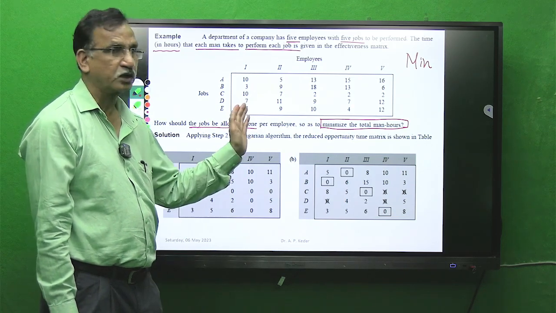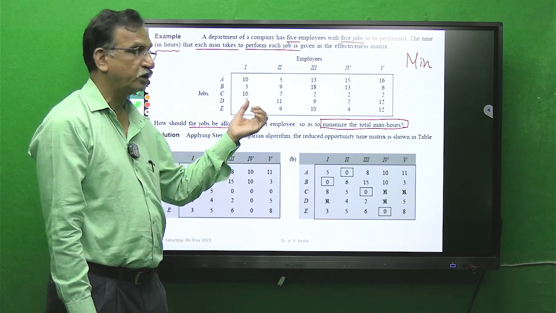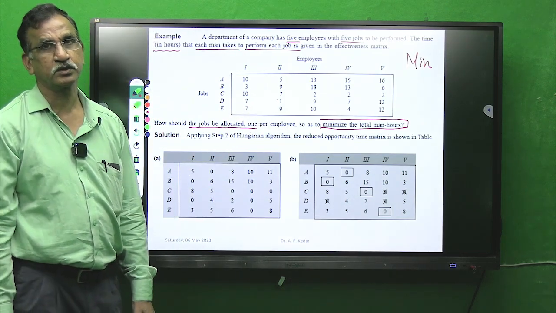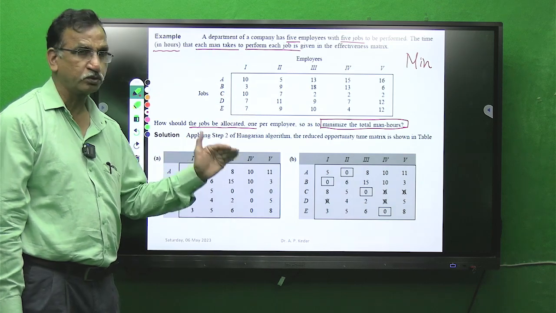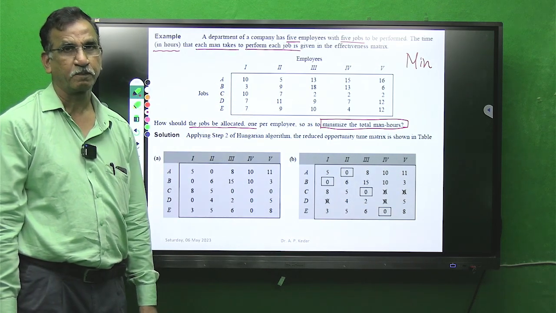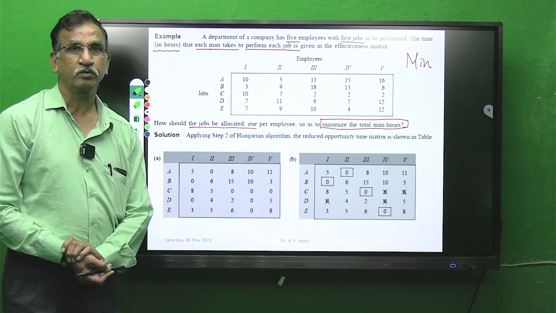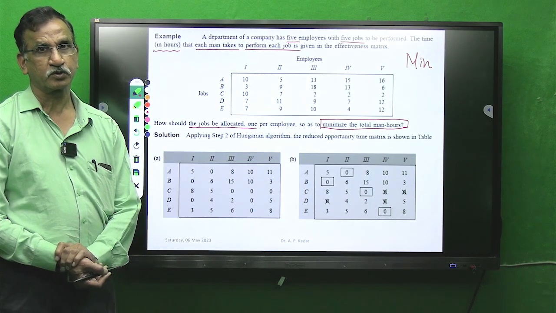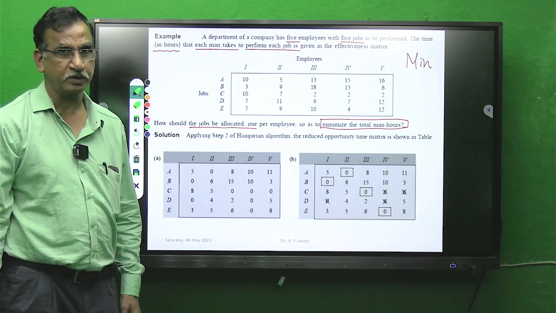So by permutation and combination you will get a number of answers, but you are not sure which answer is the optimal one. So what will we be doing? We will be going through the standard Hungarian method, and that Hungarian method will end with the best optimal solution to this particular problem with proper assignment.